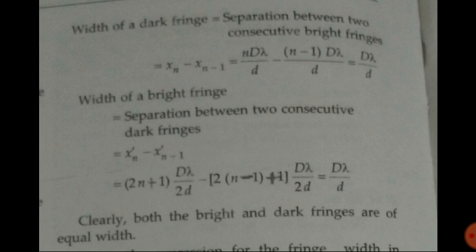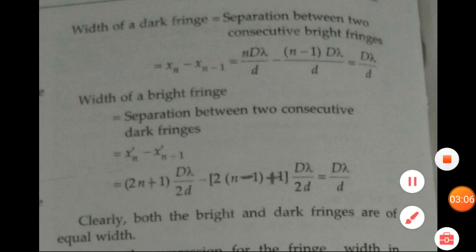For bright fringe we have the formula d lambda upon d. If two successive bright fringes are there, suppose one fringe is at position xn, so the second will be at position xn minus 1, just before n. By putting n and n minus 1, we have this equation.